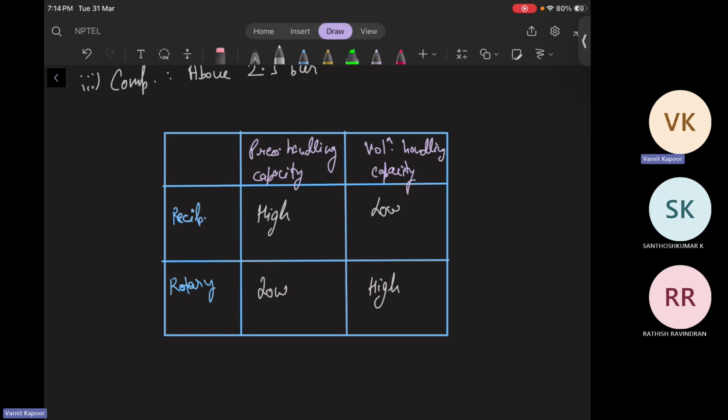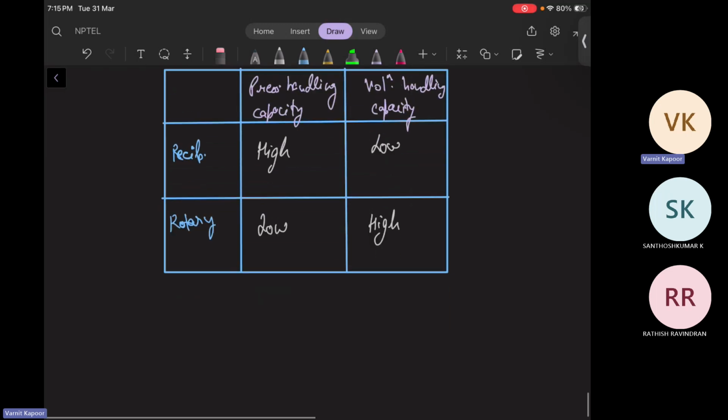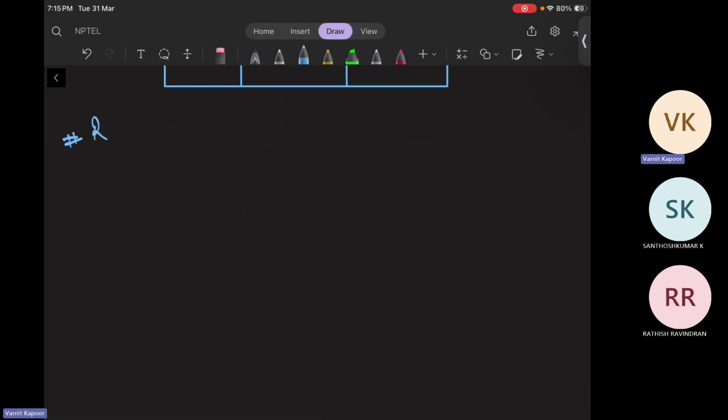Okay. Now let's come to finally the reciprocating compressors and let's study them in detail. Reciprocating compressor. They are used to produce very high pressure, even up to 1000 bars, which is not possible to obtain with the help of rotary compressors.